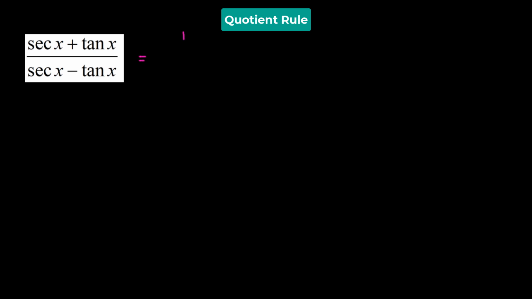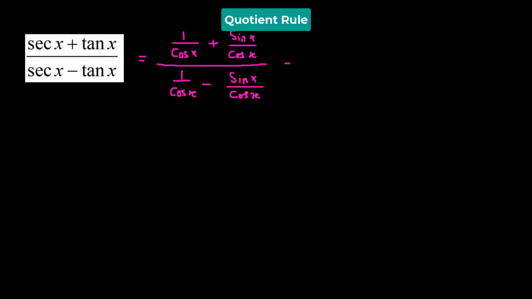So we'll have 1 over cosine of x plus the tangent function, which is the ratio of the sine function to the cosine function. Similarly, in the denominator, we have 1 over cosine of x minus sine of x divided by cosine of x. Let's take the LCM and combine the two terms in the numerator.